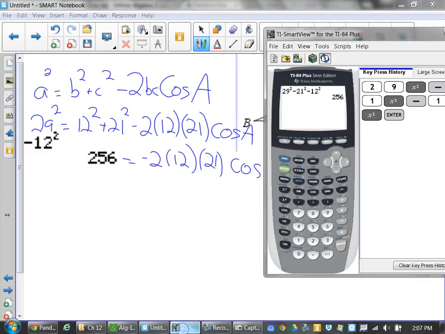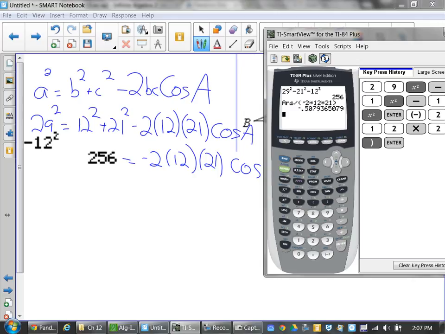So now in the calculator again, I divide that. Are these two 256? Yes. So now I divide that by parentheses negative 2 times 12 times 21, and I get a crummy decimal.